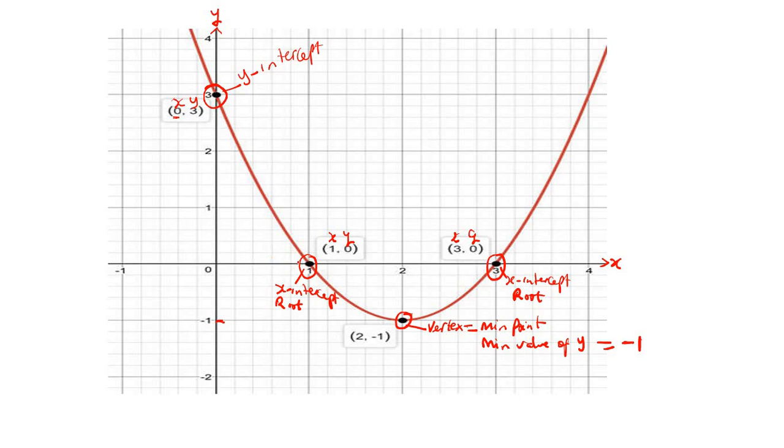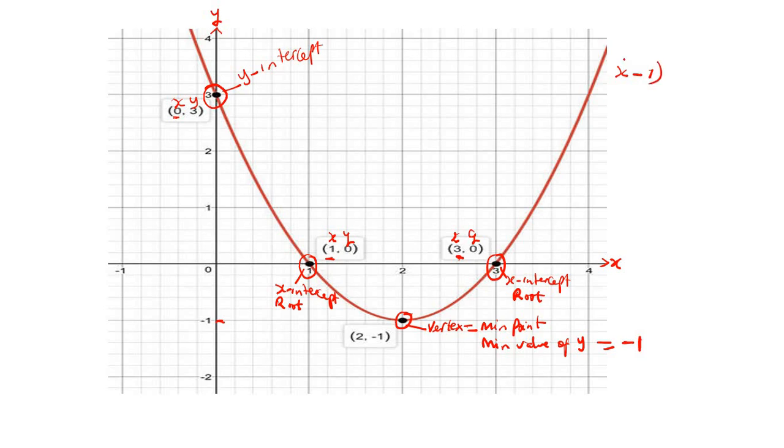With these x-intercepts, we can get the equation of this quadratic curve. So how do we do that? We take the values of x here. It will be x minus the first x-intercept, which is 1, so x minus 1.